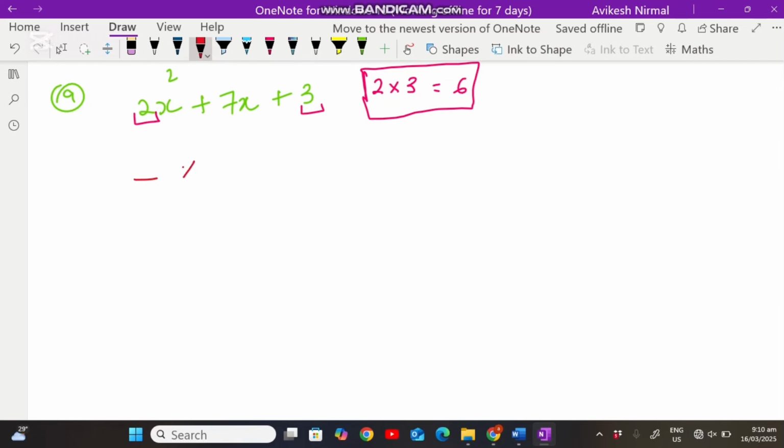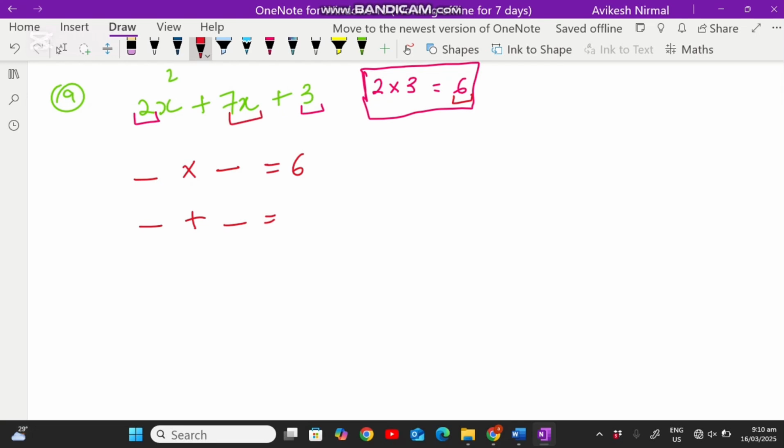So two numbers which multiply to give you this number here after you multiply, 6 here, and the same numbers should add to give you this term 7x here.